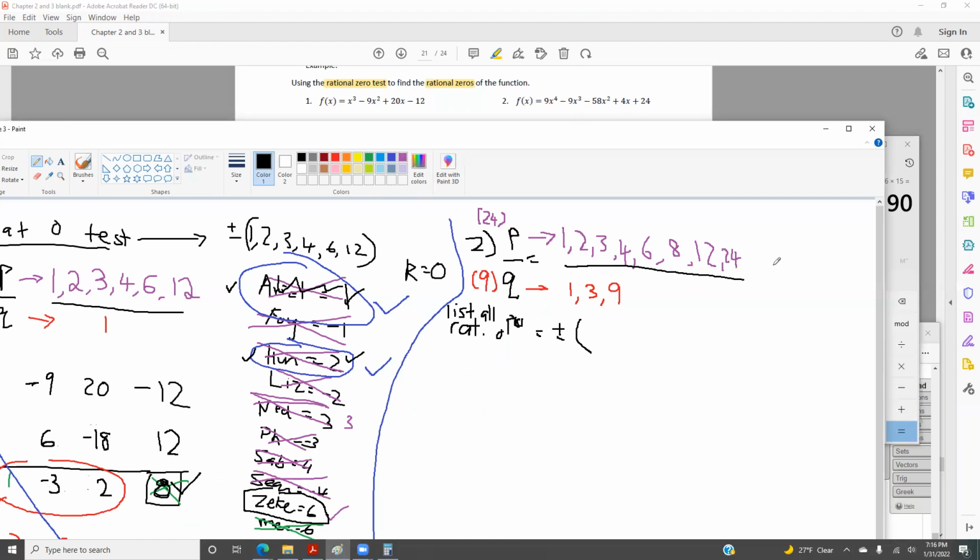So when you divide the purple ones by 1, you still get back the original ones, the P's. So you get 1, 2, 3, 4, 6, 8, 12, and 24. Now I want you guys to take all these numbers and divide with 3. What do you get? It's a fraction.